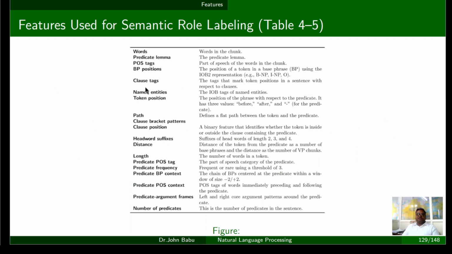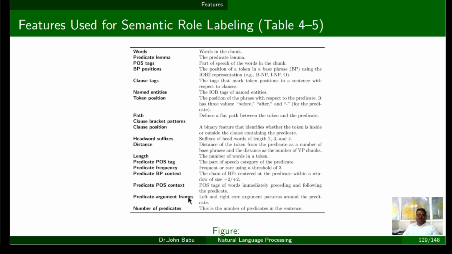These are the features used for semantic role labeling: words, predicate lemma, parts of speech tags, position of the base phrase using B-NP, I-NP, O, IOB, clause tags, named entities, token position before or after, flat path between the token and the predicate, clause position, head word suffixes, length, number of words in a token, predicate POS tag, predicate frequency, predicate base phrase context, predicate parts of speech context, different surrounding words immediately preceding or following the predicate, predicate argument frames, and the number of predicates.